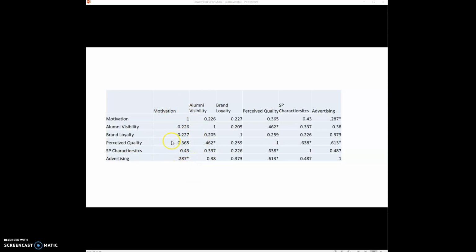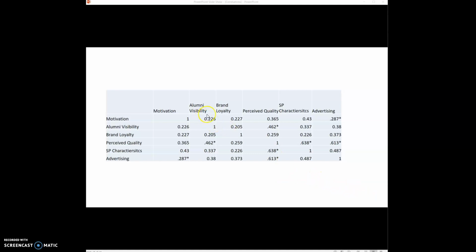What I want you to notice is here's another correlation between alumni visibility and motivation. It's not significant. Alumni visibility, perceived quality, it's a little bit stronger correlation, it's significant, but these other ones aren't. So everywhere you see an asterisk, that's a significant correlation. Just because you have similar numbers, for example, here and here, this is a stronger correlation, but it's not significant.